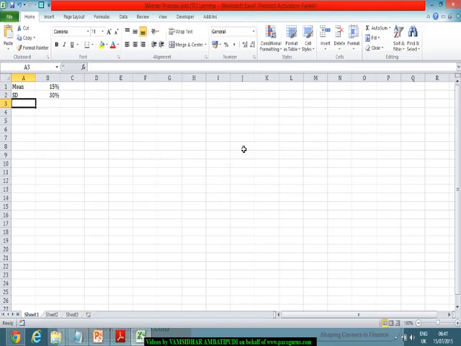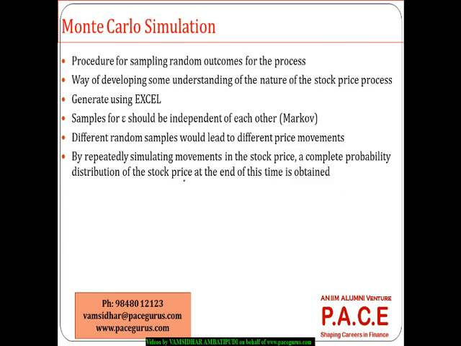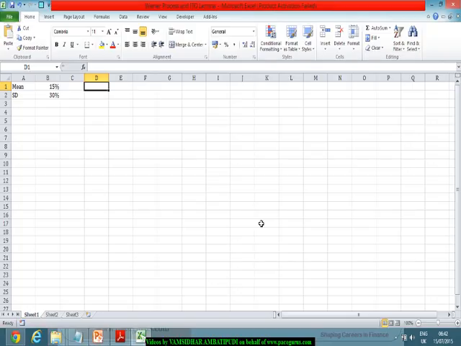Now, using this information, I want to generate the possible probability distribution of the prices after 1 week. And let's say today the current stock price S naught is 100.